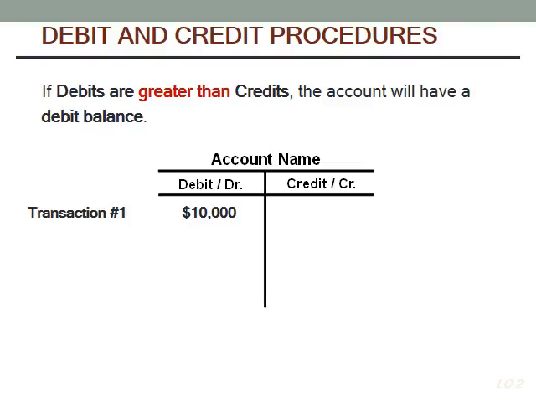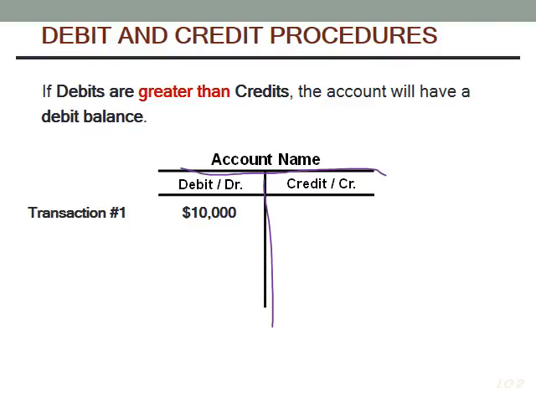All right, so now we need to talk about debits and credits. So here, what you are looking at is a T account. It looks like a T, hence the name T account. On the top, you always record the account name. For example, if we were looking at the cash account, instead of account name, it would just say cash.